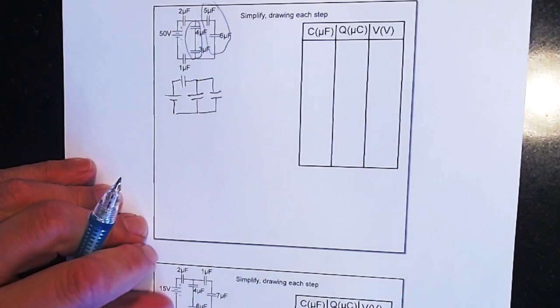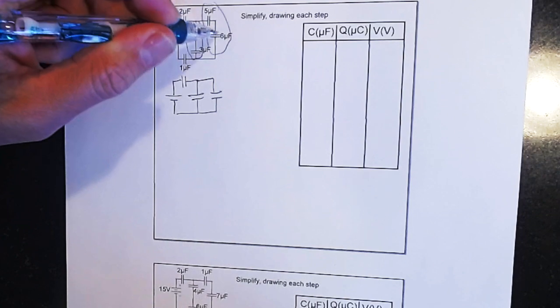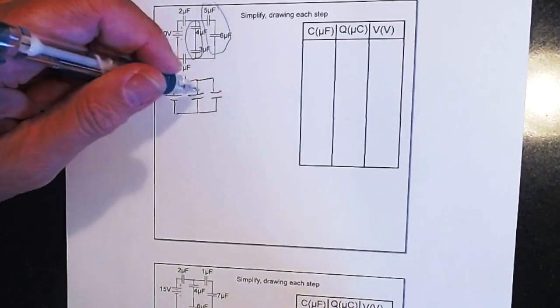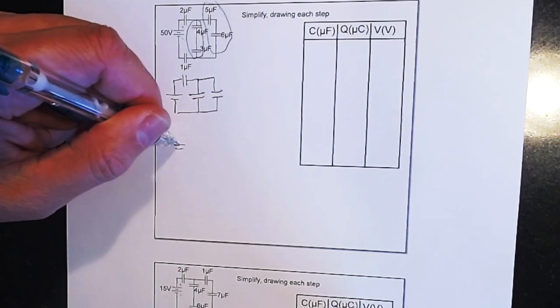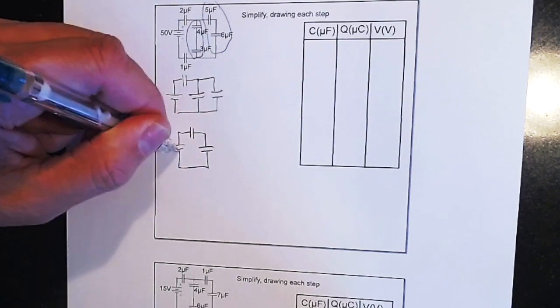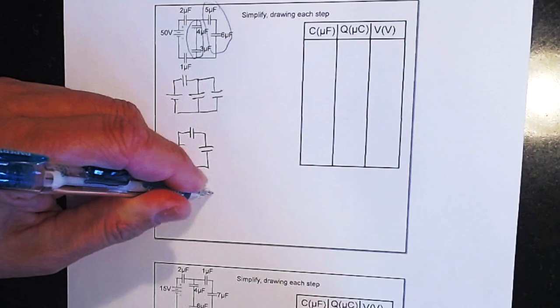Now I can't combine them all together all at once because they're not all four in series. Just this is in series with this is in series with this, okay? And then I can use those in parallel. Boom, boom, boom, boom. Like that. And then these two will be in series. I combine them like that.